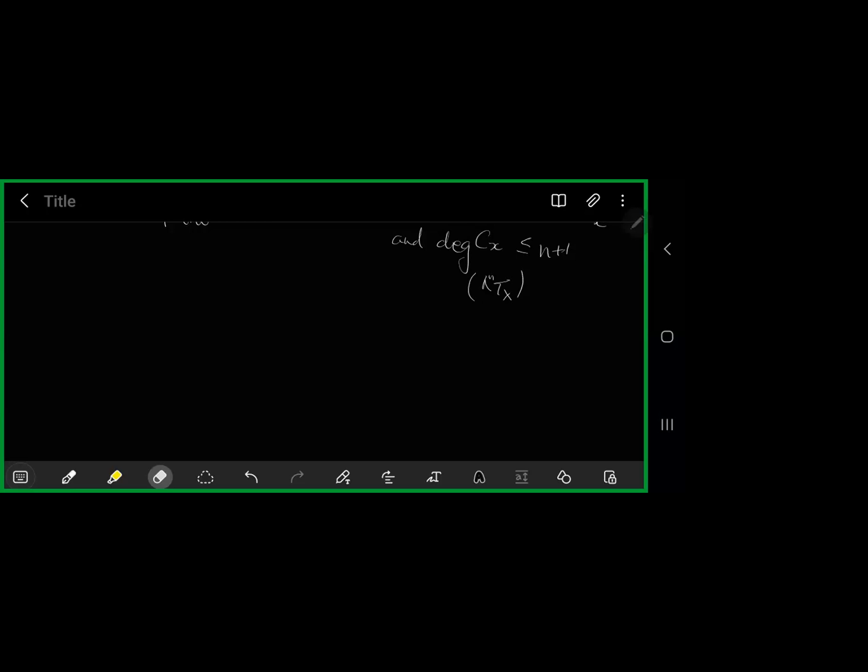You can adjoin all of those, just adjoin the coefficients of defining polynomials for X to the ring Z. And this is going to be a finitely generated algebra over Z.